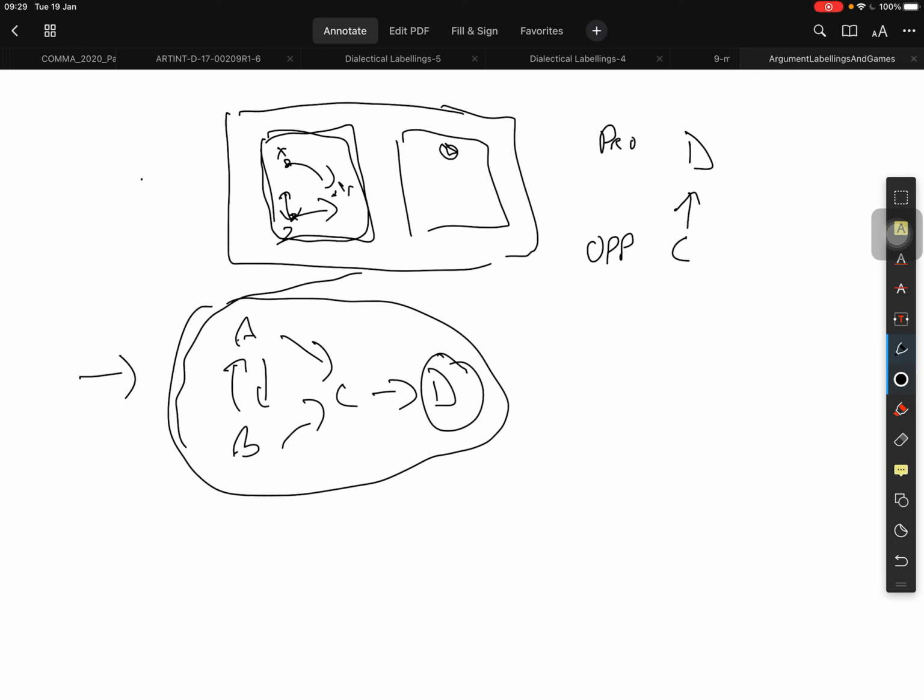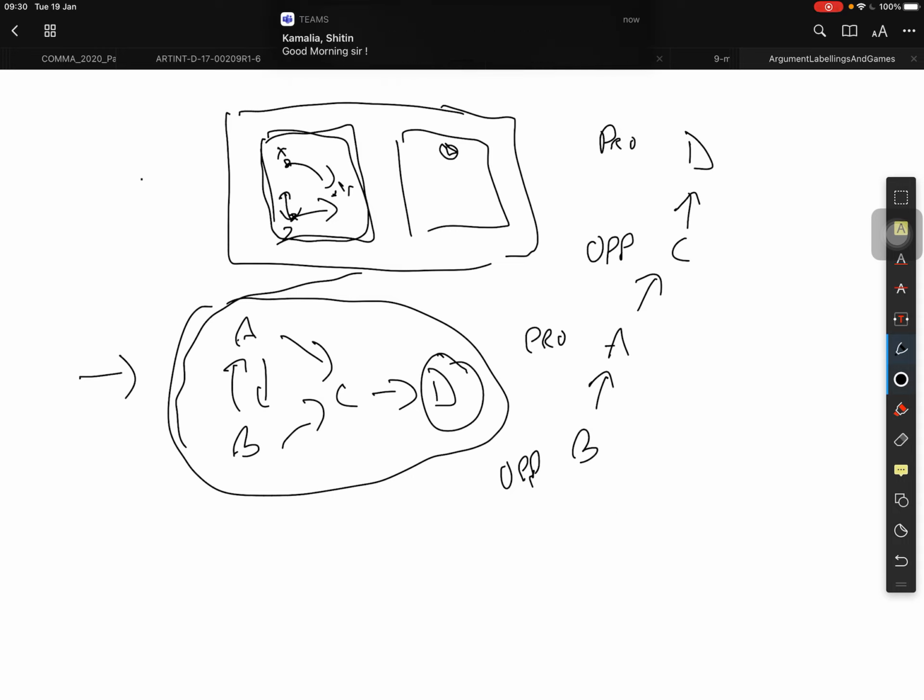Now the proponent of D, who's trying to demonstrate that D is winning in the grounded labeling, looks at the framework and says, there's an argument A that attacks C. Then opponent looks at the framework and says, but B attacks A, so I can move B. Now, unlike in the preferred game, where the proponent can repeat an argument that the proponent has already used in a dispute, this sequence of arguments is called a dispute.